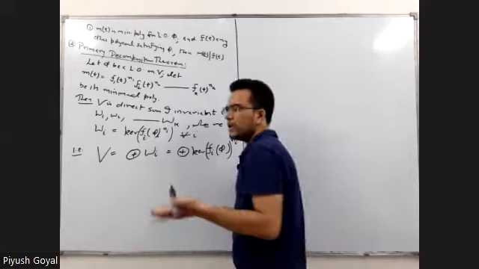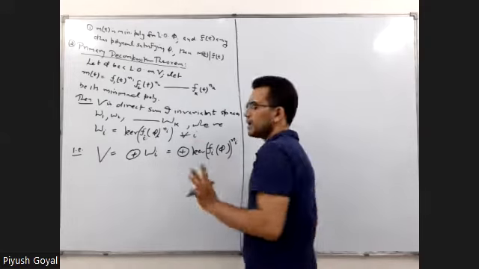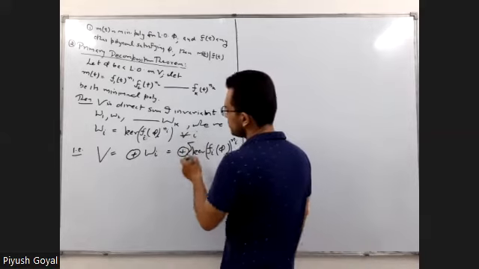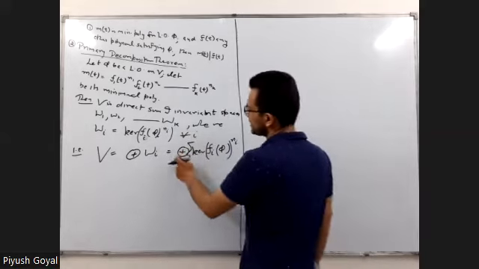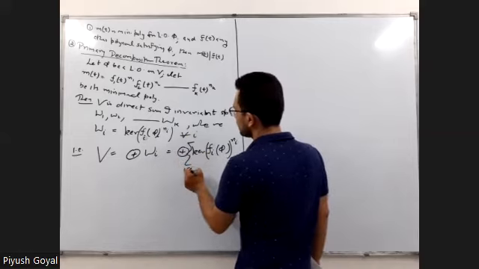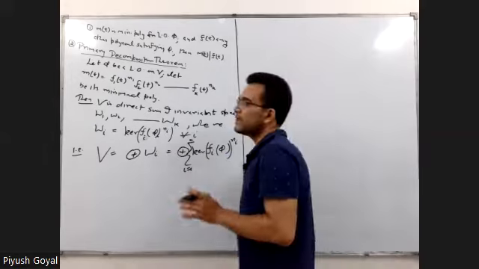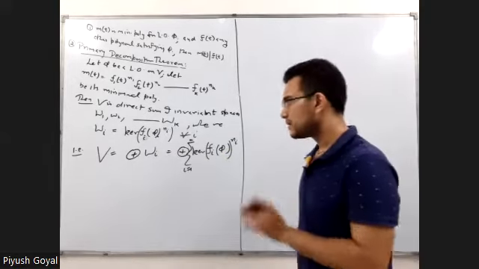We need not write i from 1 to k here, or you can simply change the notation and write the direct sum summation i from 1 to k. This is also fine. So this is the primary decomposition theorem.